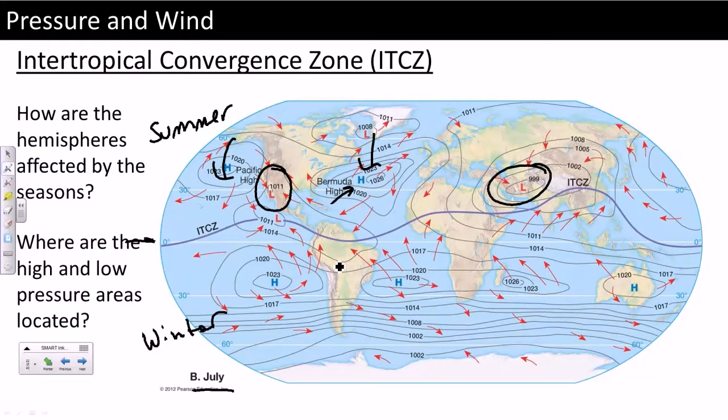So air is cooling and sinking out here, and cooling and sinking out here. And so what does this have to do with redistributing Earth's heat? Well, remember, we've got circulatory cells moving air masses north and south. We've got the Coriolis effect causing deflection to the right or to the left, depending on what hemisphere you're in.